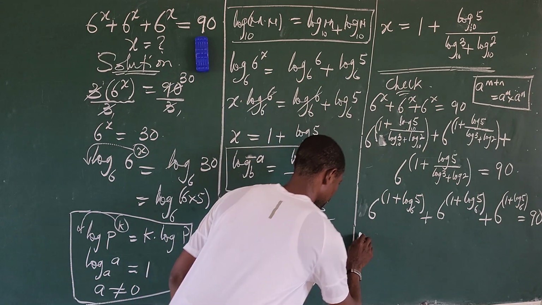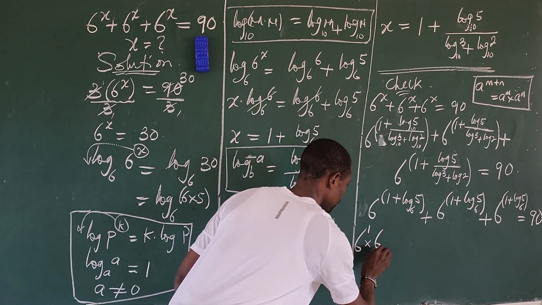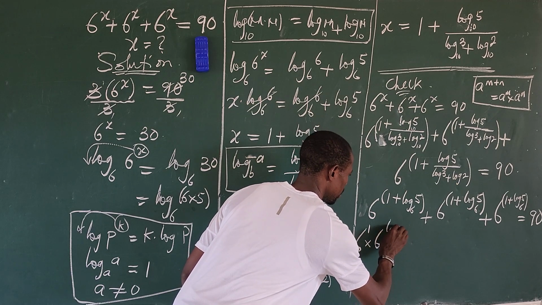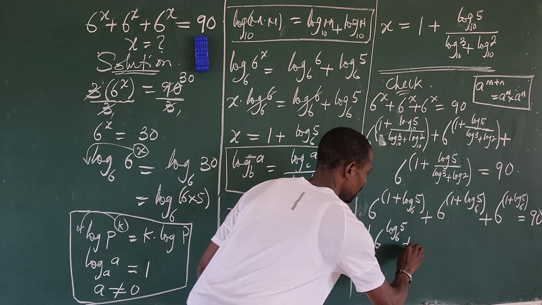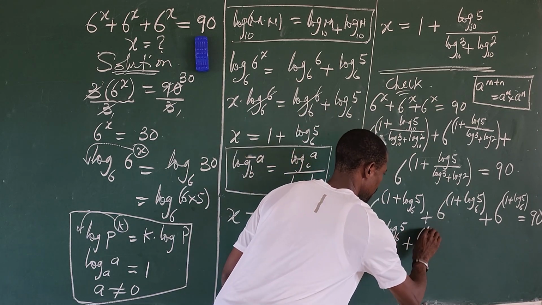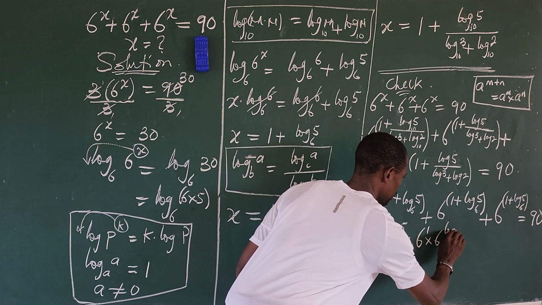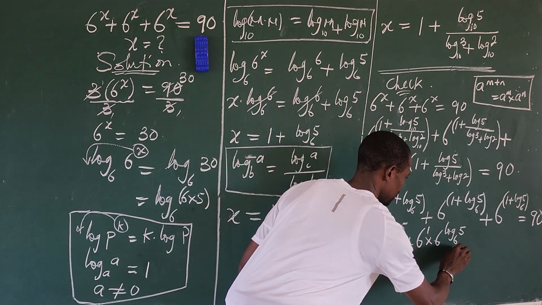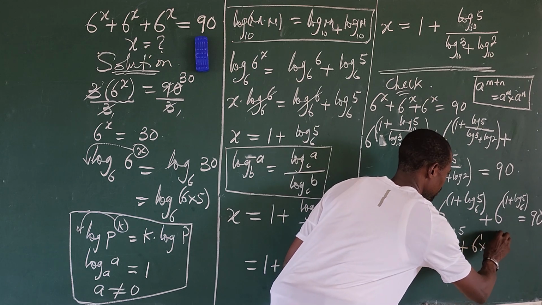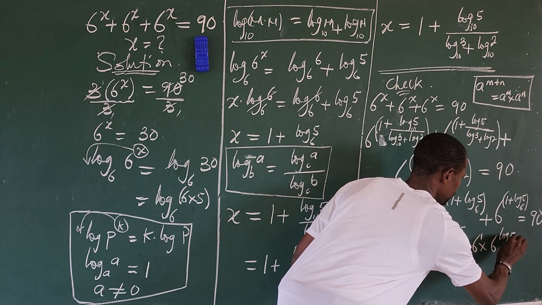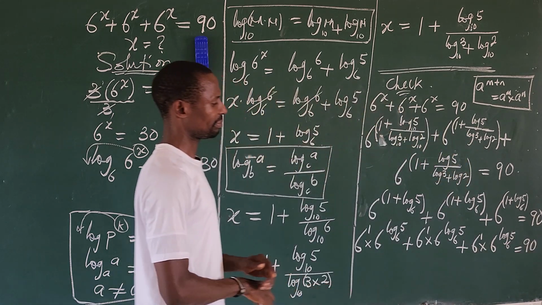This is going to give us 6 to the power of 1 times 6 to the power of log 5 base 6, plus 6 to the power of 1 times 6 to the power of log 5 base 6, plus 6 to the power of 1 times 6 to the power of log 5 base 6, everything equal to 90.